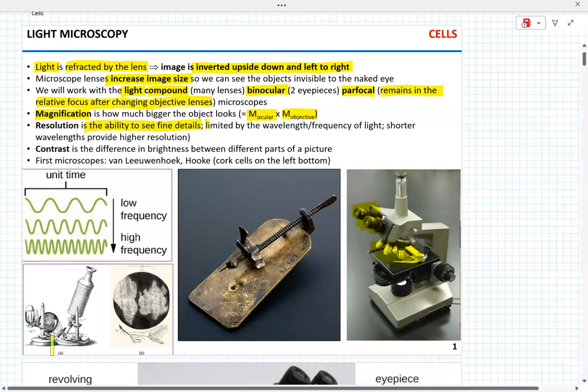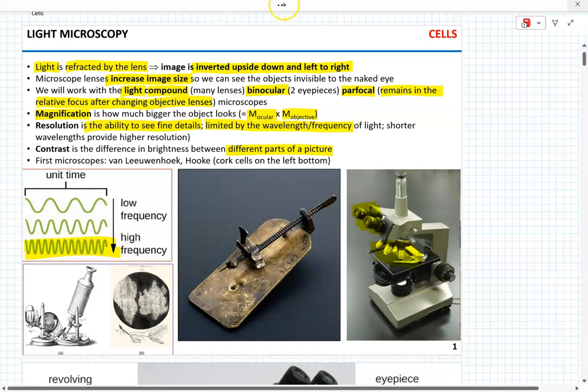Resolution is limited by the wavelengths or the frequency of light, and the greater frequency gives a microscope the greater resolution. Finally, the contrast is how different in brightness are different parts of a microscopic image.